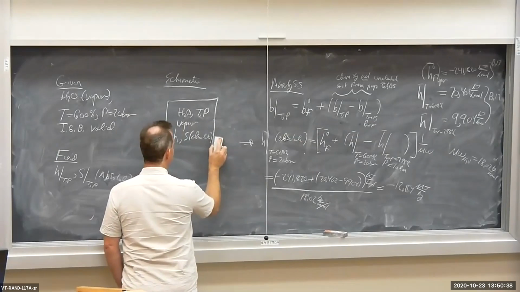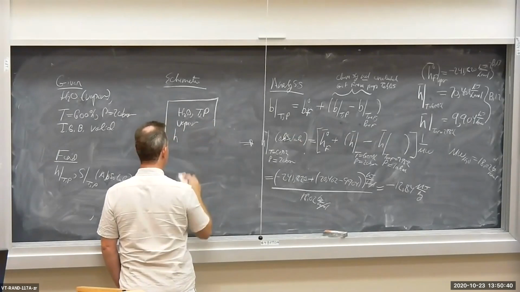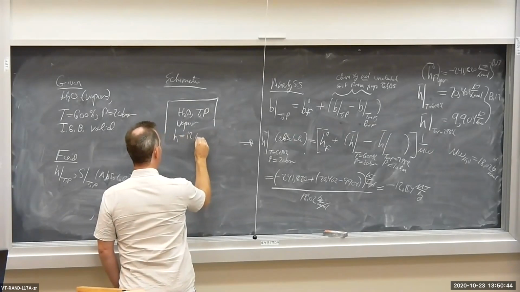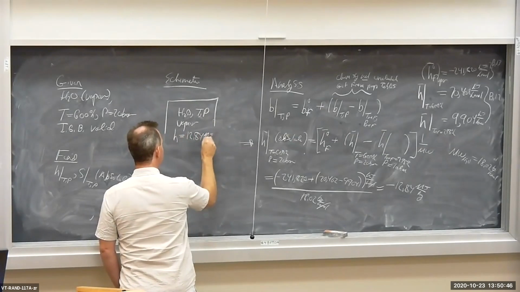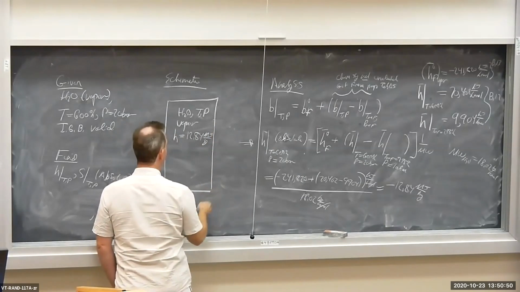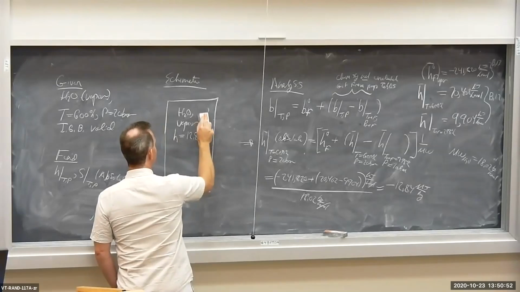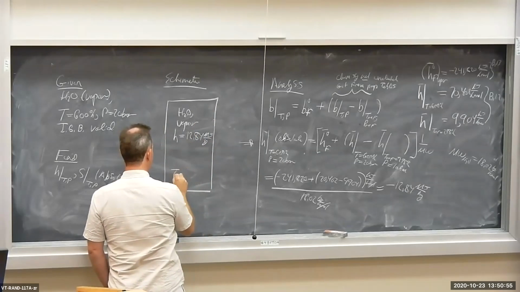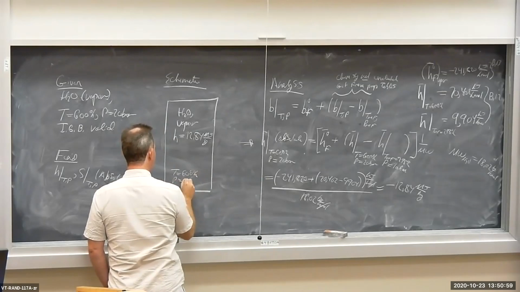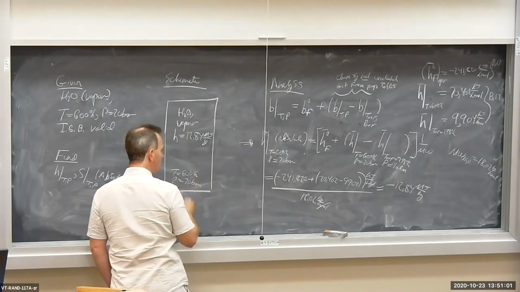So this container here has negative 12.84 megajoules per kilogram for a temperature equal to 600 degrees Kelvin and a pressure of 20 bar. Okay.